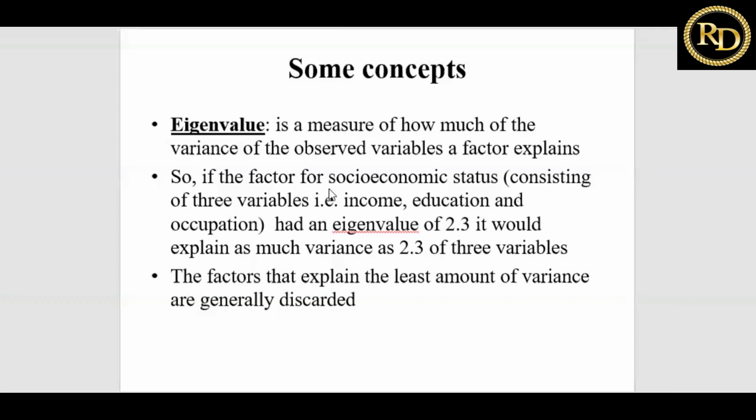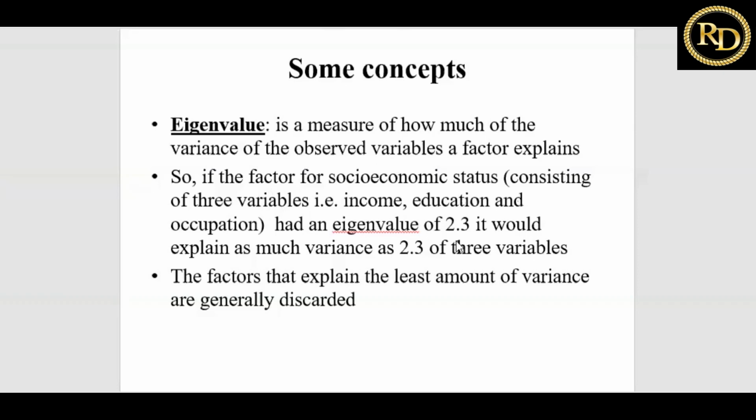So let's say for 5 questions we have 1 factor, and for the next 4 questions there is another factor. It tells how much variance is explained by these factors, which is the term we use as eigenvalue. So if the factor of socioeconomic status, consisting of 3 variables like income, education, and occupation, had an eigenvalue of 2.3, it would explain as much variance as 2.3 of these 3 variables.